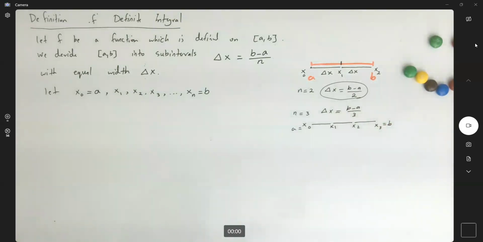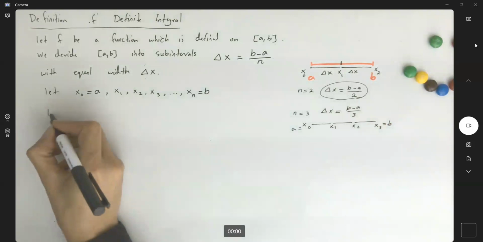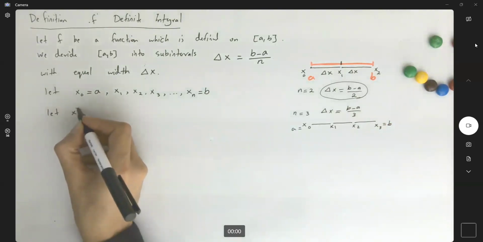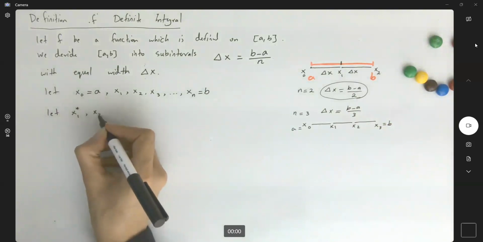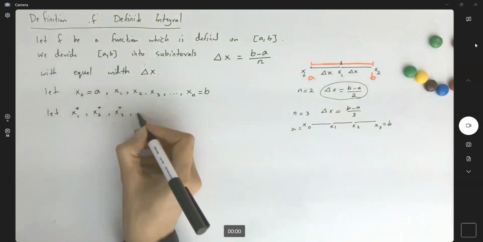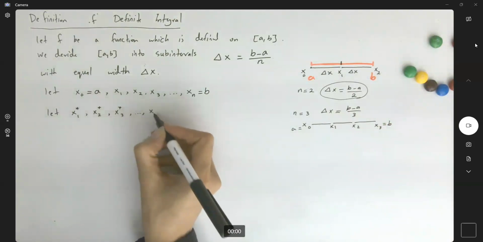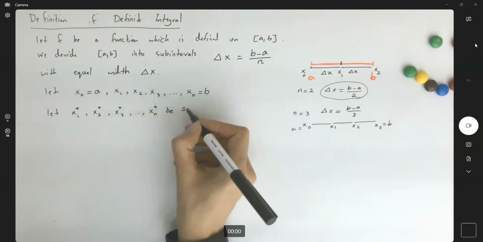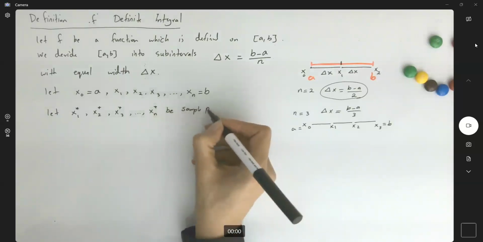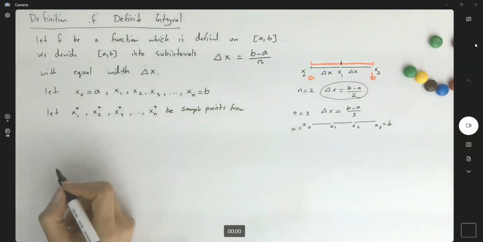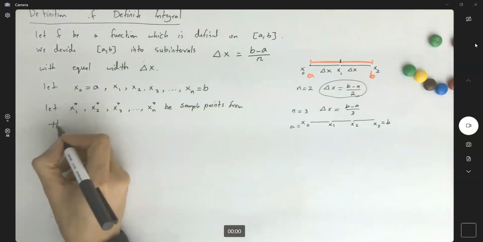Suppose we take some sample points. Let x sub 1 star, x sub 2 star, x sub 3 star, and x sub n star be sample points from these subintervals.